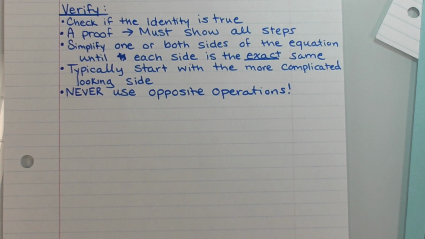Opposite operations in trig expressions and verifying these identities can do the same thing. You cannot say, oh, I'm just going to add the 1 to both sides. No. Each side of the equation is its own individual beast that you can only do things on one side. If you're moving something from one side to the other, you're doing it wrong. That's opposite operations.